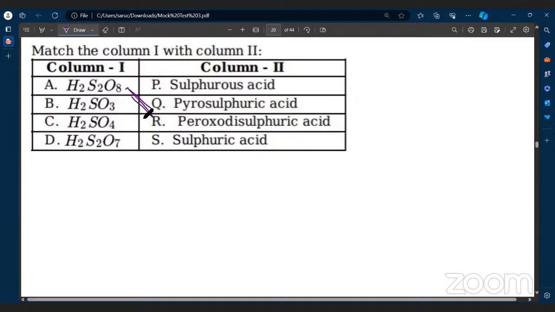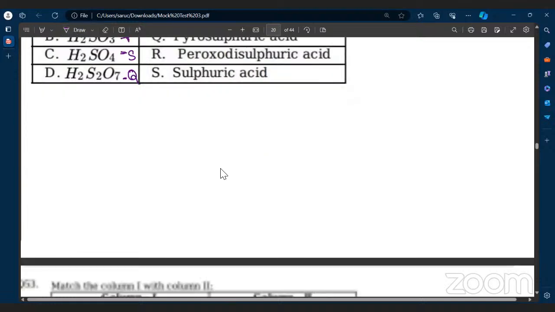P is R. H2SO3 is sulfurous acid. H2SO4 is sulfuric acid. H2S2O7 is pyrosulfuric acid. So this is going to be the next. Moving to the next question.